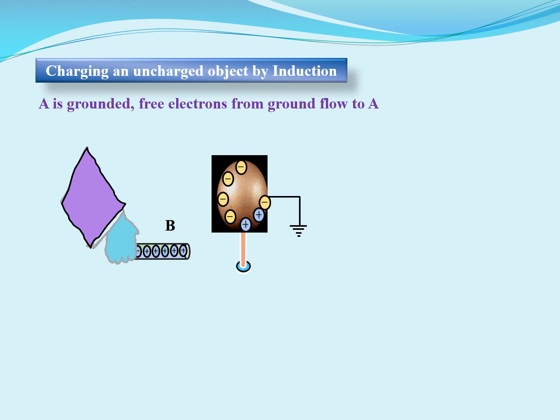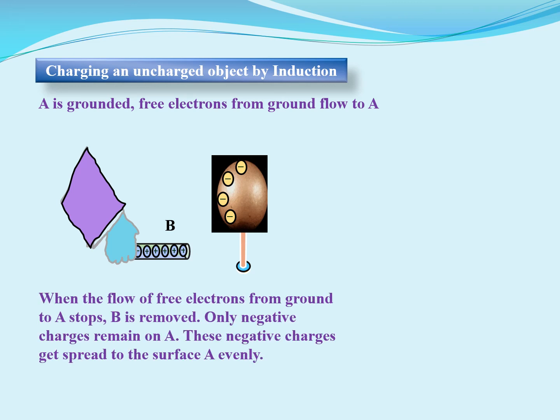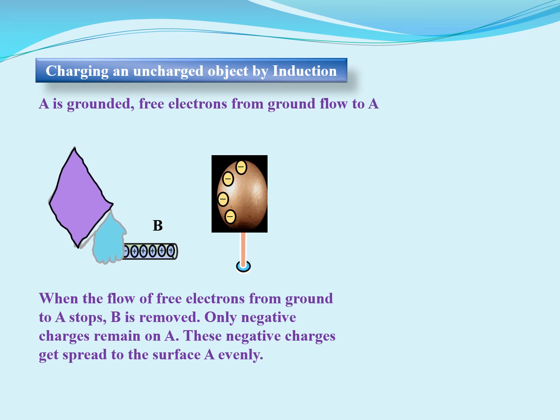This process continues till all the positive charges are completely neutralized, and you would now have only negative charges on the surface of A. And after this, charges stop flowing, we would disconnect it from the ground and you would have only negative charges on the surface of A.